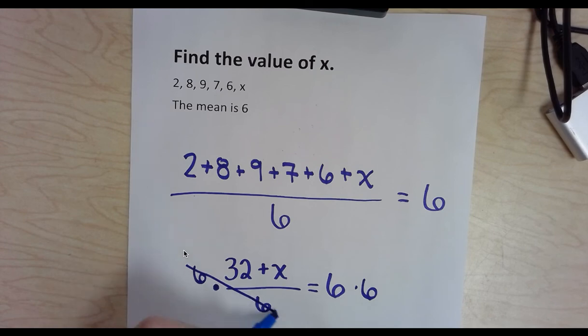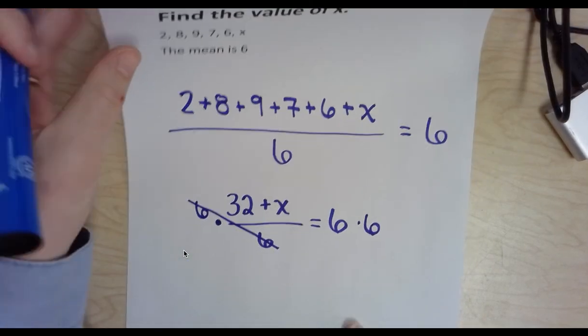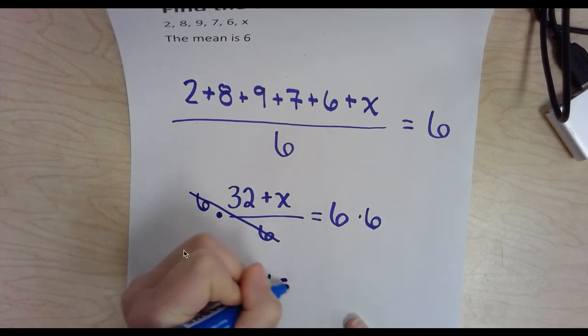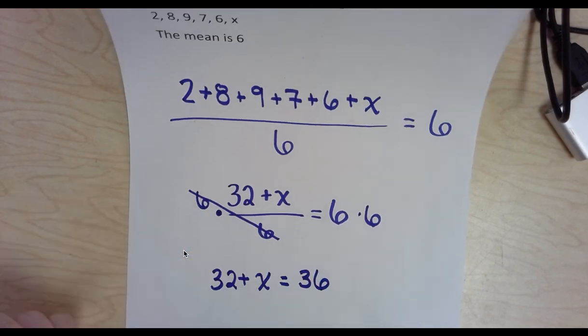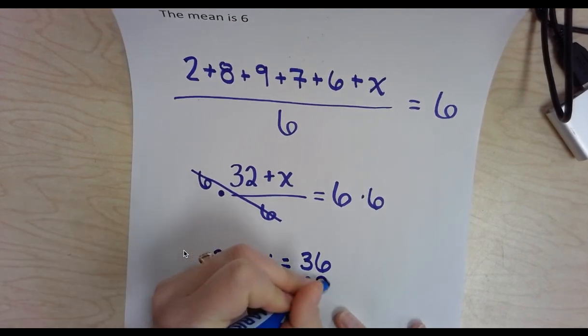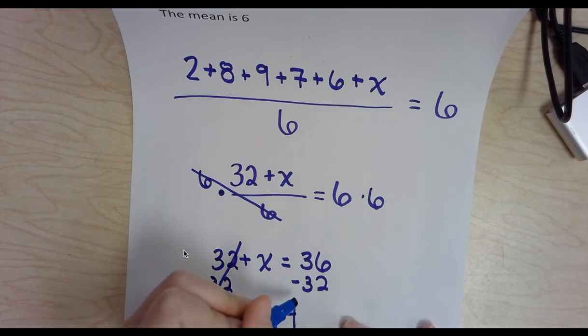These would cancel each other out, and I'm left with 32 plus x equals 36. Lastly, subtract 32 on both sides, and I'm left with my unknown value, which is 4.